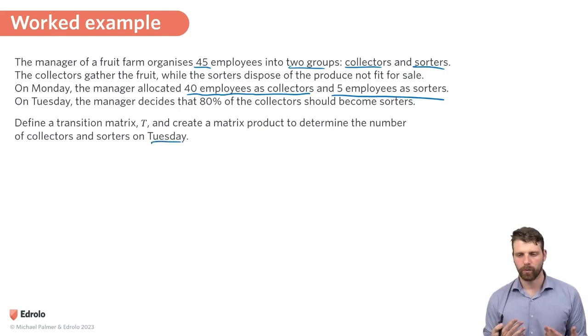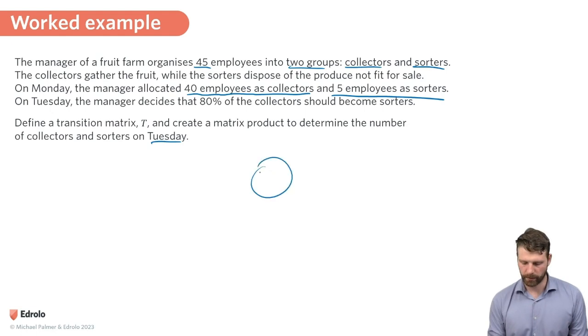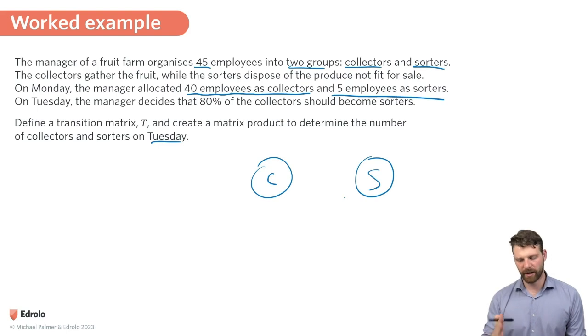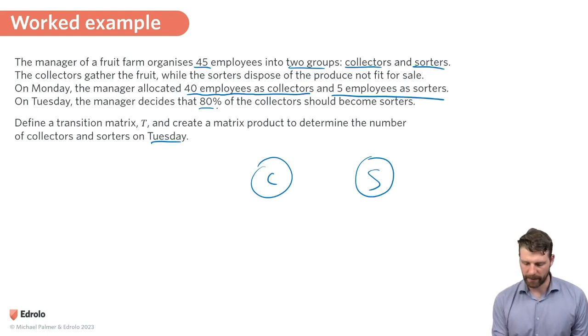What we want to do here is maybe draw a transition diagram first. Maybe that will help us. So we've got collectors and we've got sorters. It's Monday now, but tomorrow we want to put 80% of collectors over to sorters.